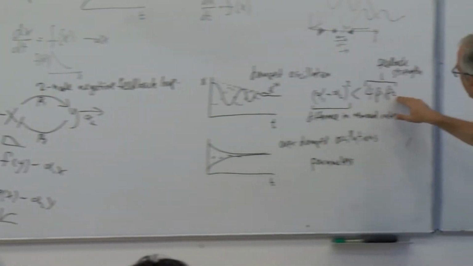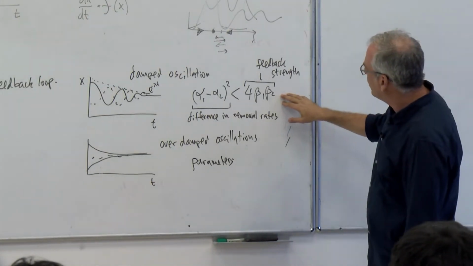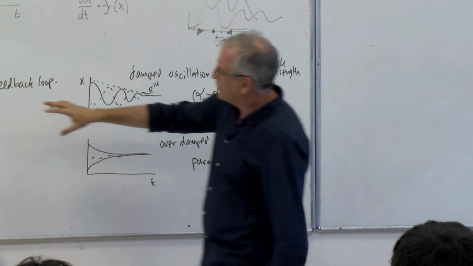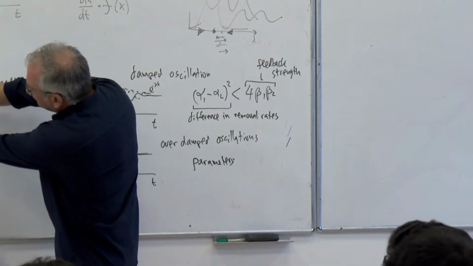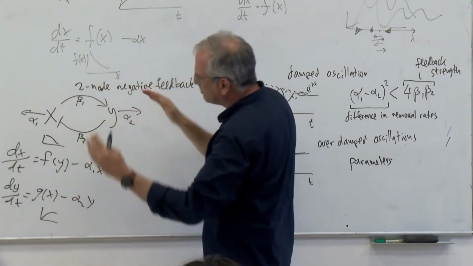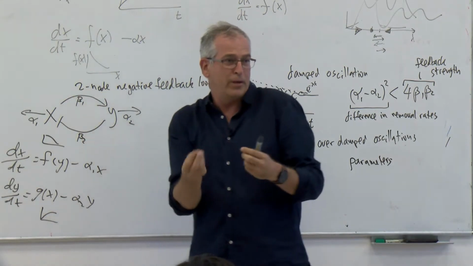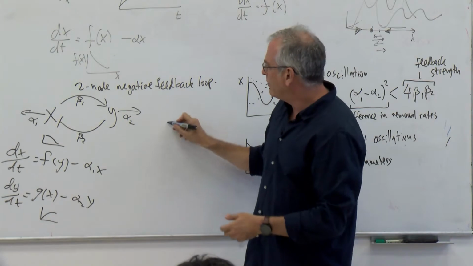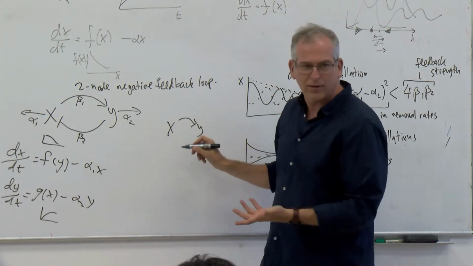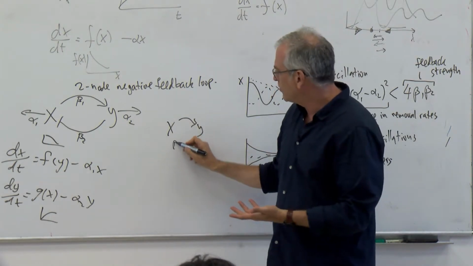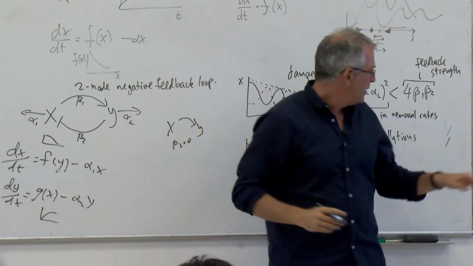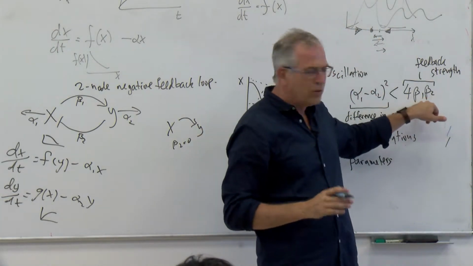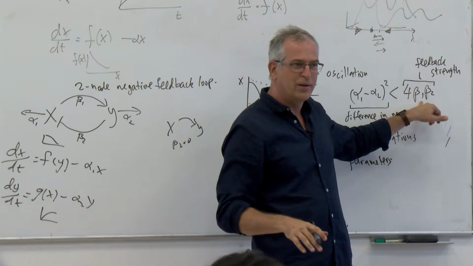And then on the other hand, here is the feedback strength. The bigger these arrows are, the more. Of course, if we had no negative feedback, x and y would just reach a steady state and won't affect each other. When beta 1 is 0 or beta 2 is 0, we don't have one of these arrows, and we have a circuit like this, which of course can't oscillate if beta 2 equals 0. So that's why this product is nice. If one of these is 0, no way to get damped oscillations.